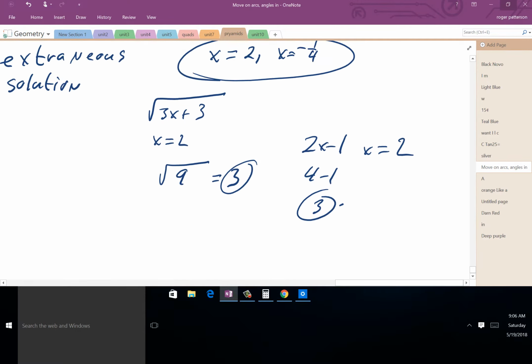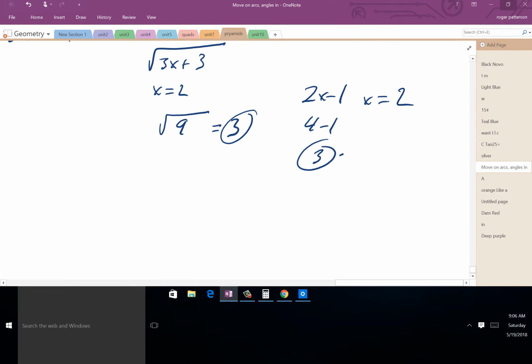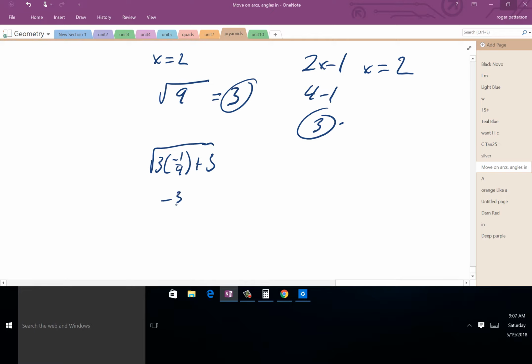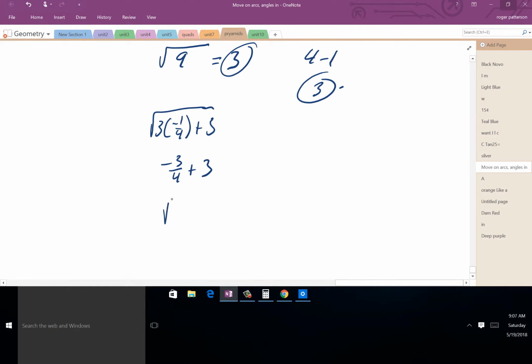Let's try out the negative 1/4 this time. Okay. Negative 1/4. I'm a little suspicious when I get a negative. I don't know if this is going to work. Look at that, I'm going to get a crazy number underneath here. Square root of negative 2.75. Let's see what I get on the other side.